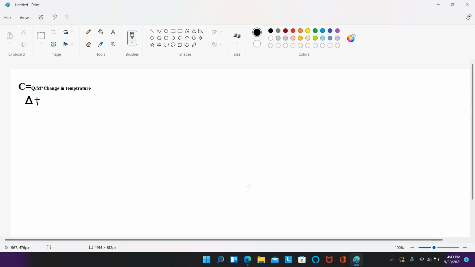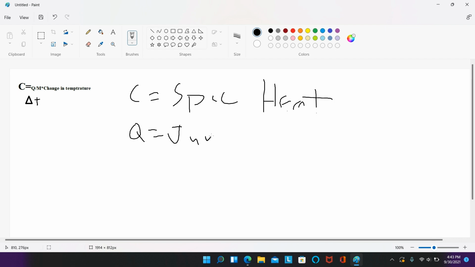So pretty much C is equal to the specific heat. Let's write that down. Q is equal to the joules, which is a measurement of energy. M is the mass, usually in kg.